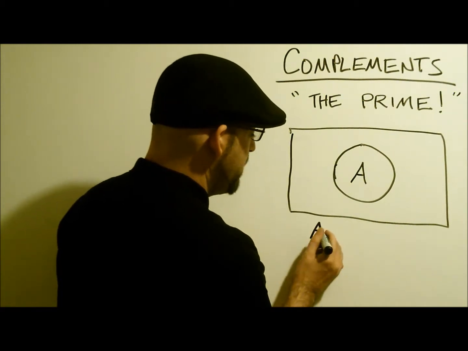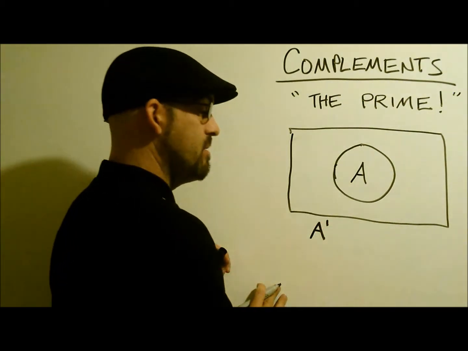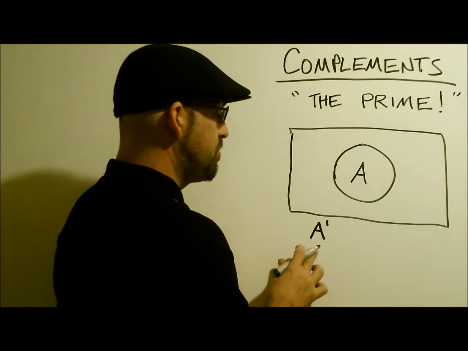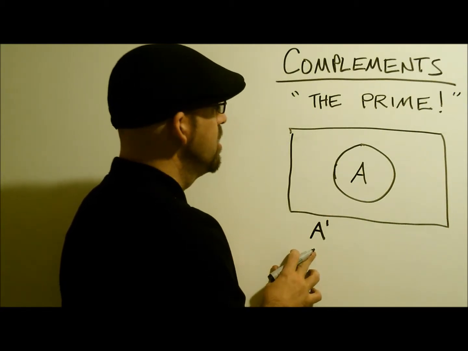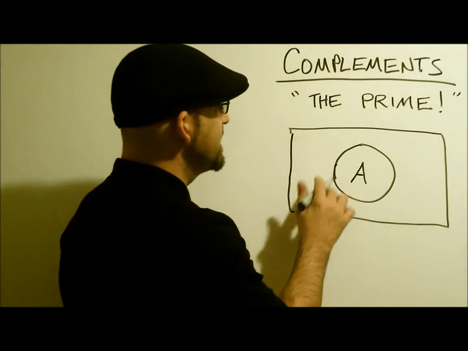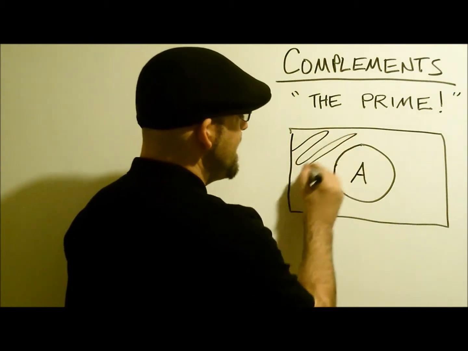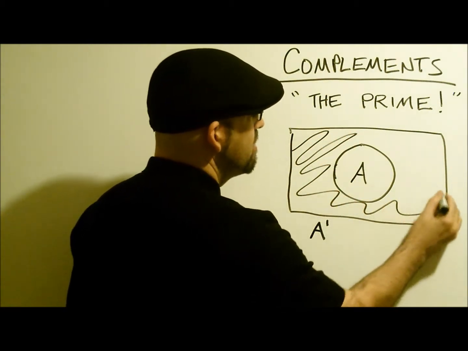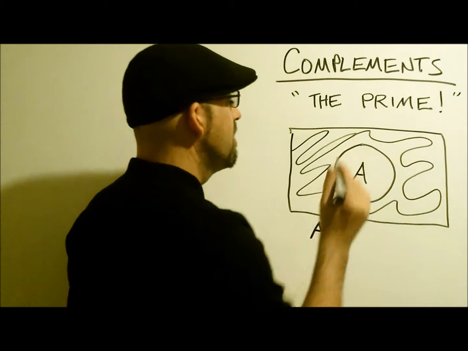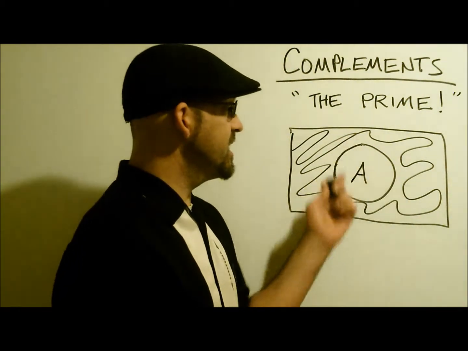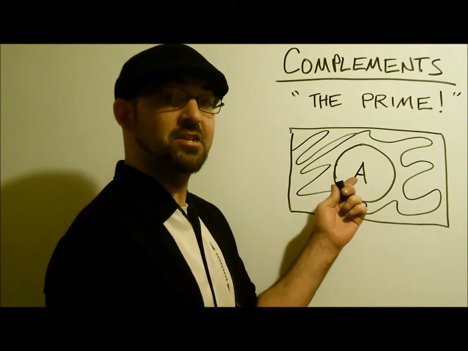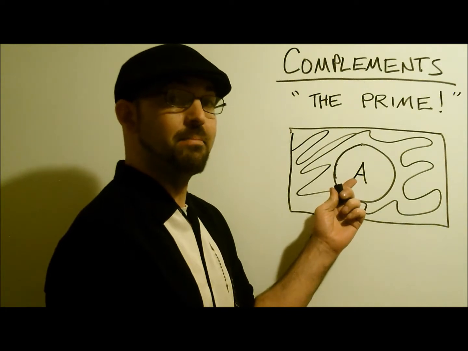Prime is associated with a little dash mark right there. So what is the prime of A? Well, it's everything that A is not. So it's everything in here. As long as it doesn't coincide inside the circle, it's A prime.